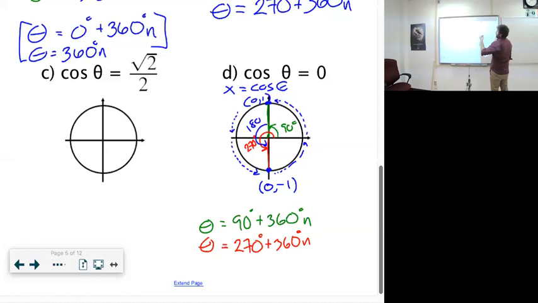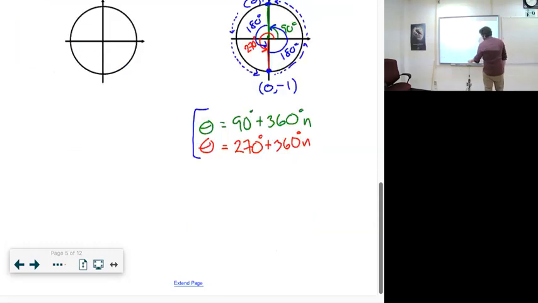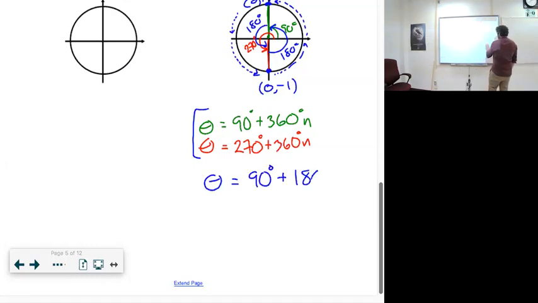And every 180 degree rotation from the red angle takes me back to the green angle, right? So we can actually summarize these two answers right now and bring it into just theta is equal to 90 degrees plus 180 degrees times n. This would be the better way to express that answer.